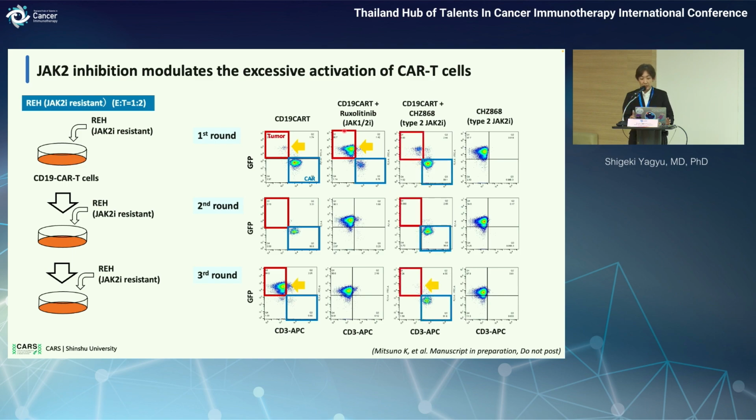And interestingly, when we used the selective JAK2 pathway inhibitor, CD19 CAR T cell function was further enhanced even in the third round and prolonged anti-tumor efficacy. So we hypothesized that the inhibition of JAK2 pathway would prevent excess T-cell activation and the following exhaustion.